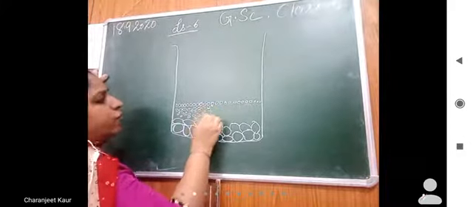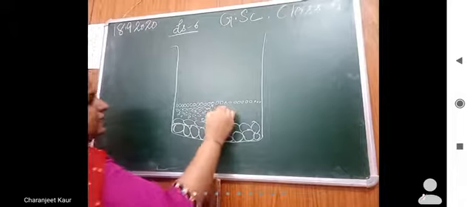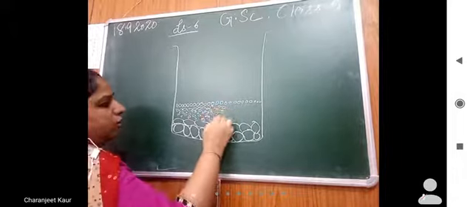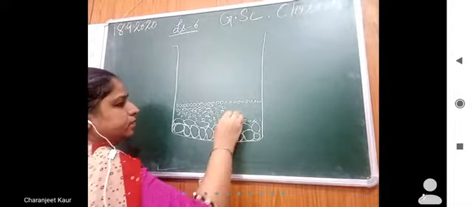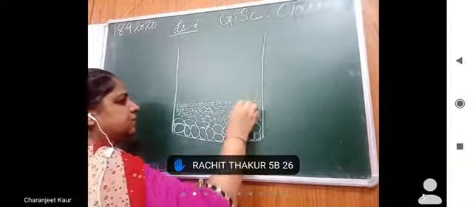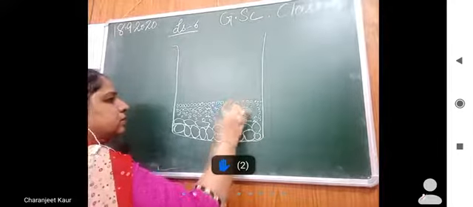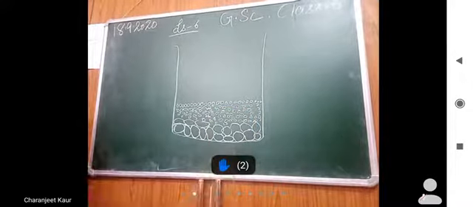I don't know what you people do. You people are just making all the layers the same. That is wrong. We had done this in third also. Just make it like this. This is sand.